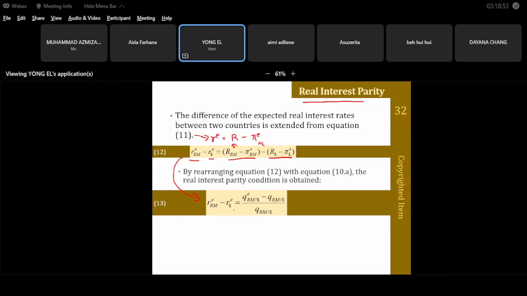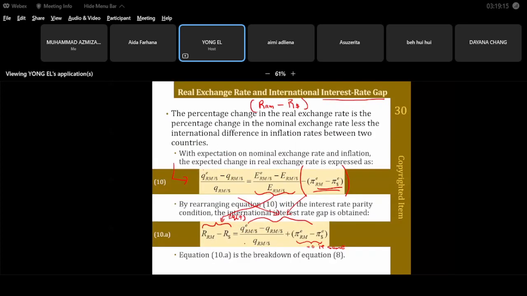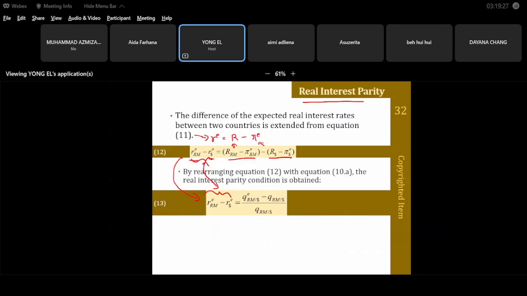Why can we get equation 13? This is because the first term is actually the same. The left side is the same one. But the second side here is based on this one right here. See? The percentage change in real exchange rate can be rewritten in this way.